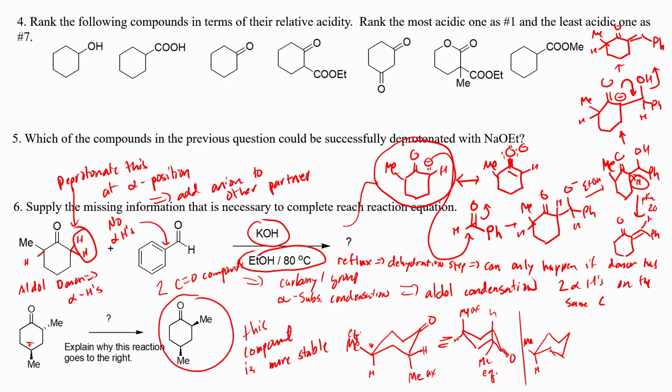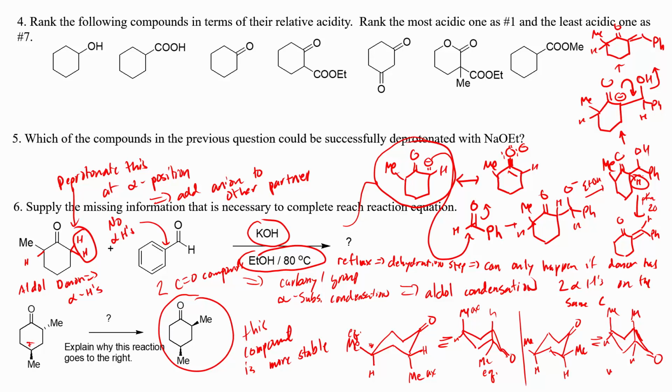So the product compound looks like this. This is in equilibrium with its ring flip. Sorry, can't see that all that clearly.